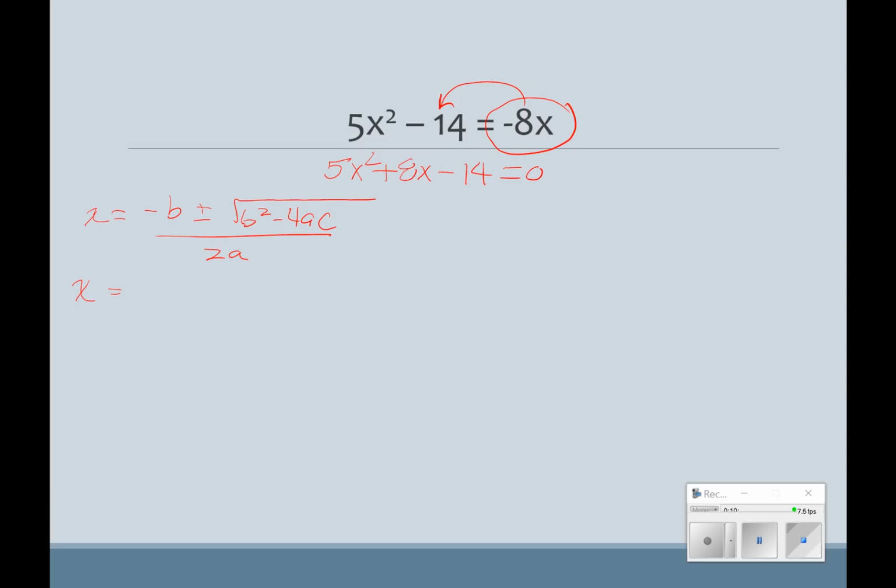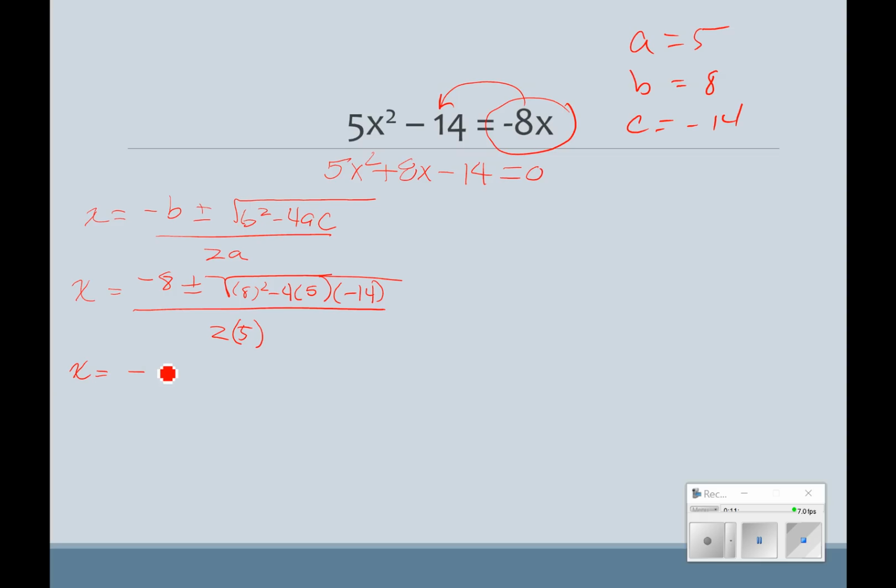So x equals negative 8 plus or minus the square root of 8 squared minus 4 times a is 5 and c is negative 14. I didn't even write those all out. I'm assuming you know. A is 5, b is 8, and c is negative 14, all over 2 times 5.